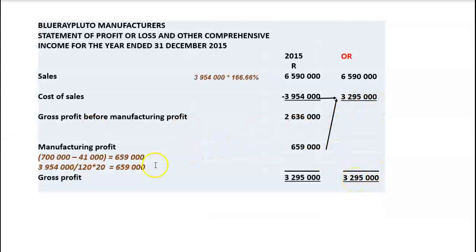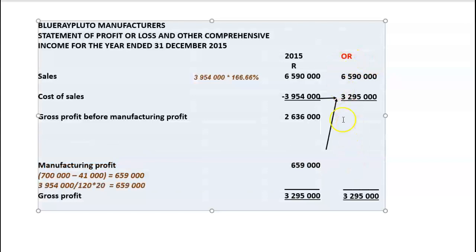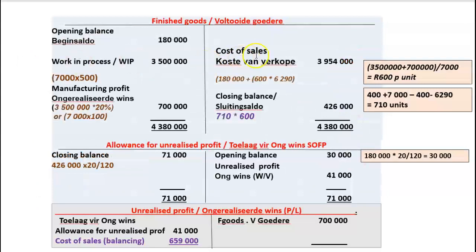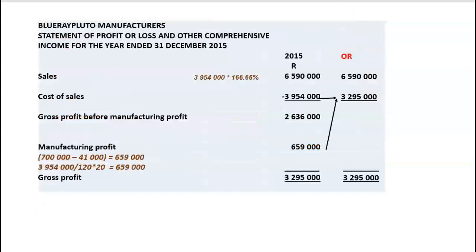So there are many ways to skin this cat. I would really recommend that you go that route, because that is the cleanest route. It makes the most sense. Here I had my cost of sales of 3,954. There's the adjustment against my cost of sales of 659. So the difference between those two will give me my total cost of sales of 3,295.